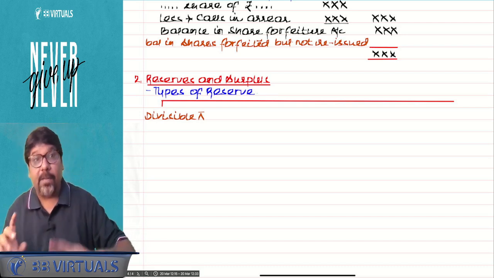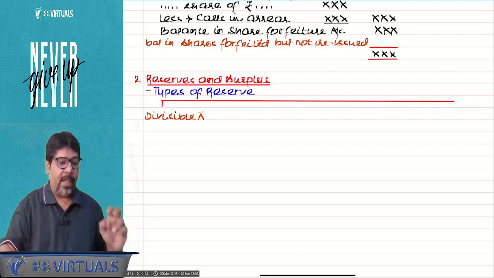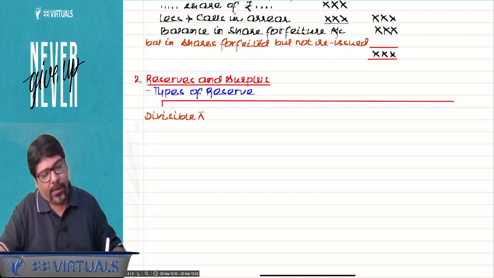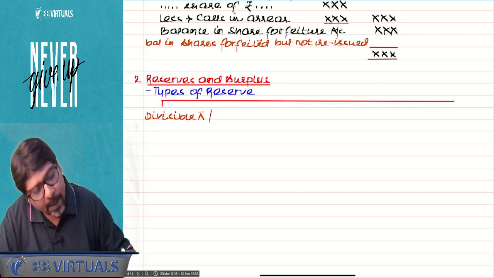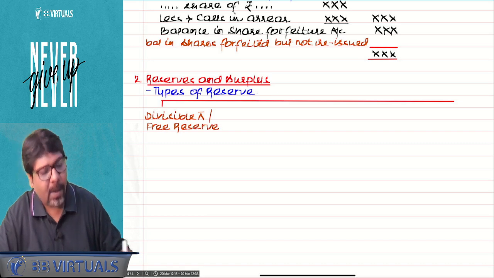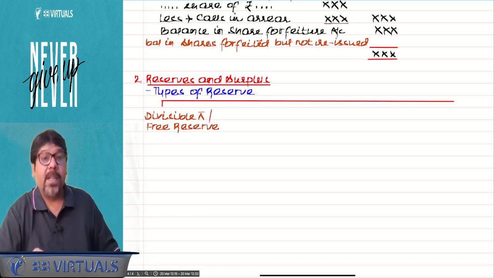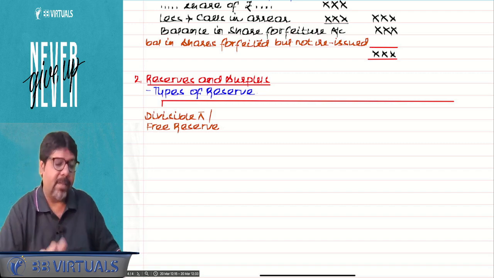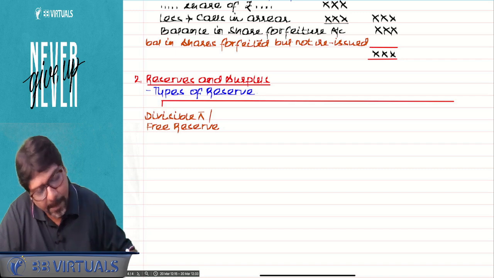These are those reserves which are available for distribution of dividend. Am I clear? This is also known as free reserves.